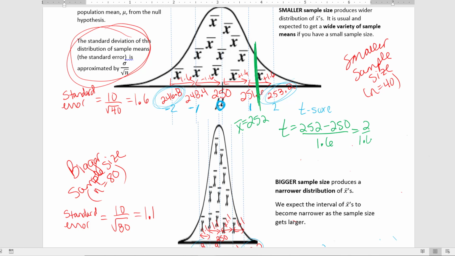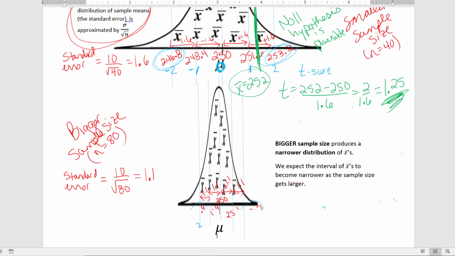If you calculate that out, you will see that the t-score is 1.25, meaning this sample statistic of 252 is only 1.25 standard deviations above the mean. It's not unusual. The null hypothesis is plausible. It's plausible that the true value of mu is 250.